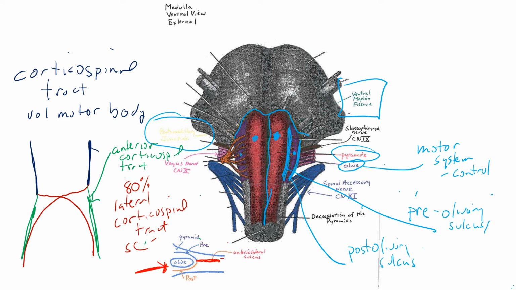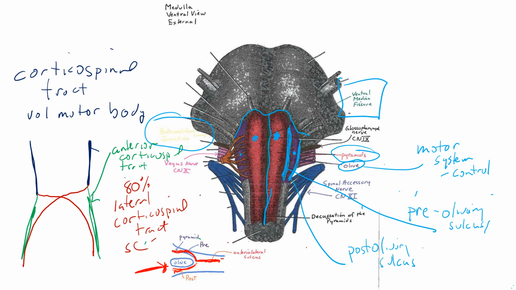But then this sulcus is going to come up and meet with the olive, and it has to do something. So what it's going to do is it's going to continue as the pre-olivary sulcus. So we can say that the pre-olivary sulcus is a continuation of the anterior lateral sulcus. The post-olivary sulcus is a brand new indentation associated with the medulla, and it doesn't continue from anything.